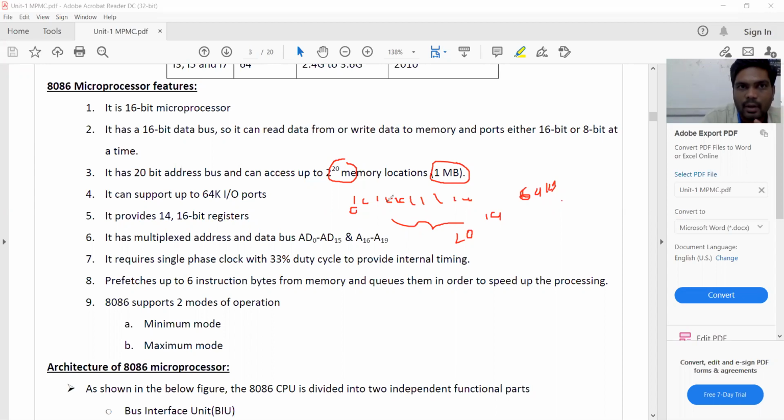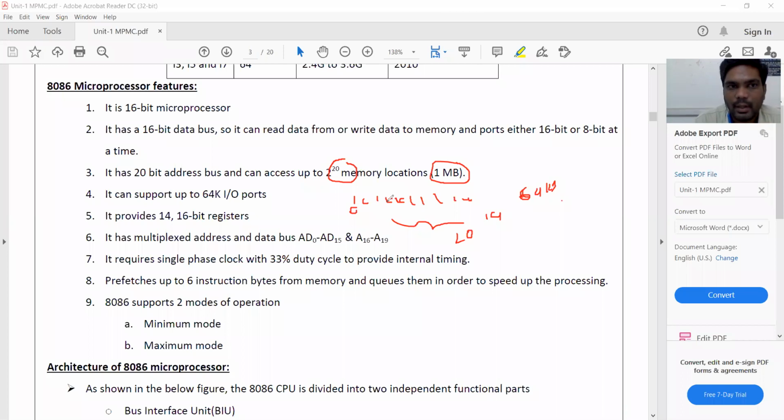Like in a colony, for each and every house you will have a number. Or in a village, each house has a house number. Why do we need a house number? In order to identify the address of that particular house very easily.